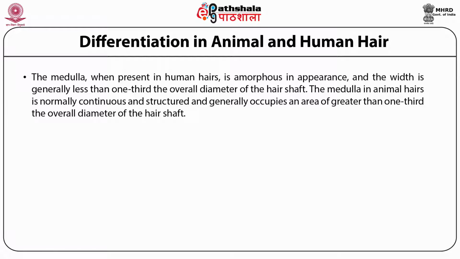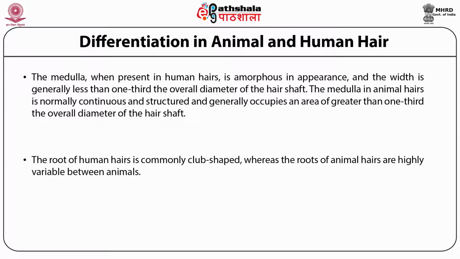The medulla, when present in human hairs, is amorphous in appearance and the width is generally less than one-third the overall diameter of the hair shaft. The medulla in animal hairs is normally continuous and structured, and it generally occupies an area greater than one third the overall diameter of the hair shaft.